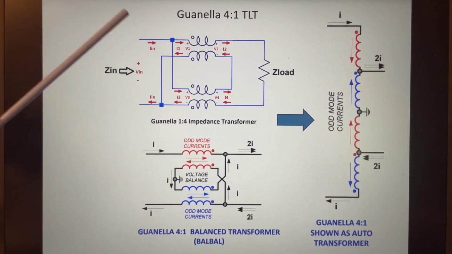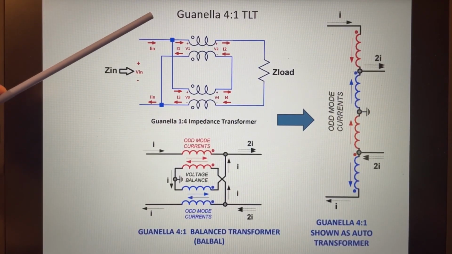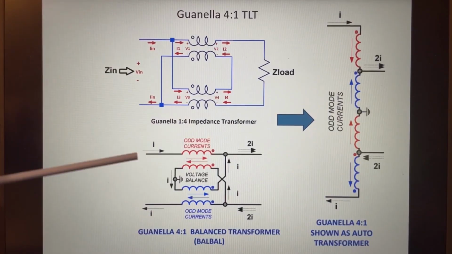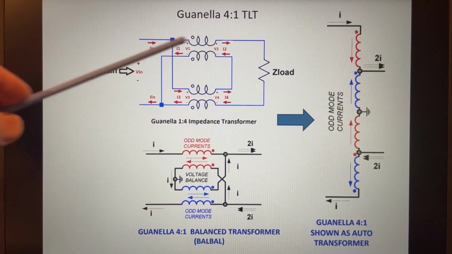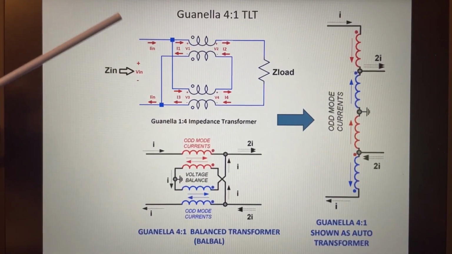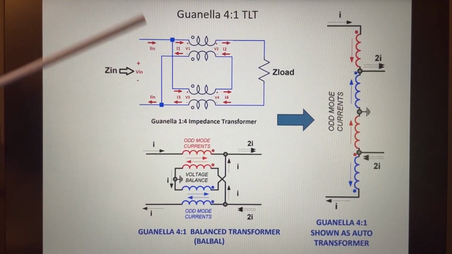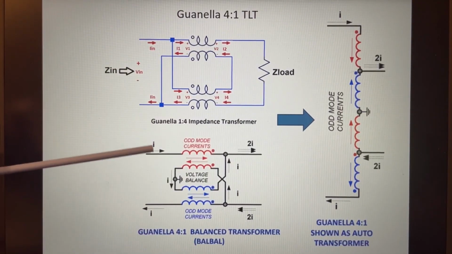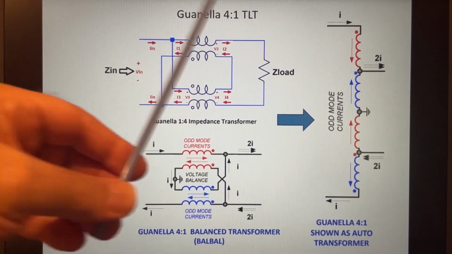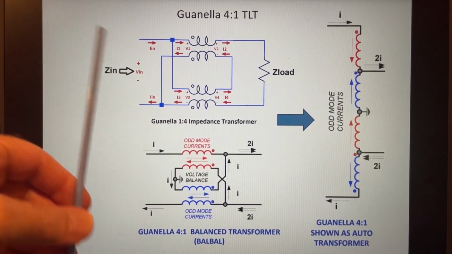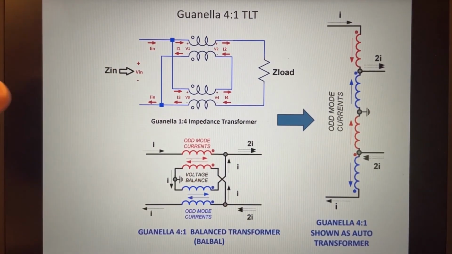Okay, this is just to show that for different configurations, you're going to see many different types of representations, either using schematic symbols for inductors or other symbols to depict the ferrite and the coax. And this can be expressed many different ways. And I think that's what adds to the confusion when we try to understand how do these transformers work, how do they transform the impedance from the input to the output.